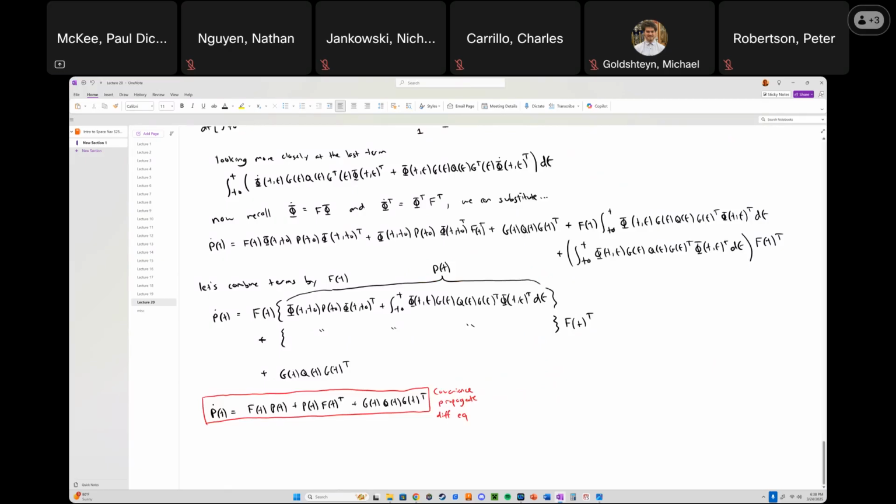Now, to use what I call the ODEint method, we first need to vectorize P for propagation.